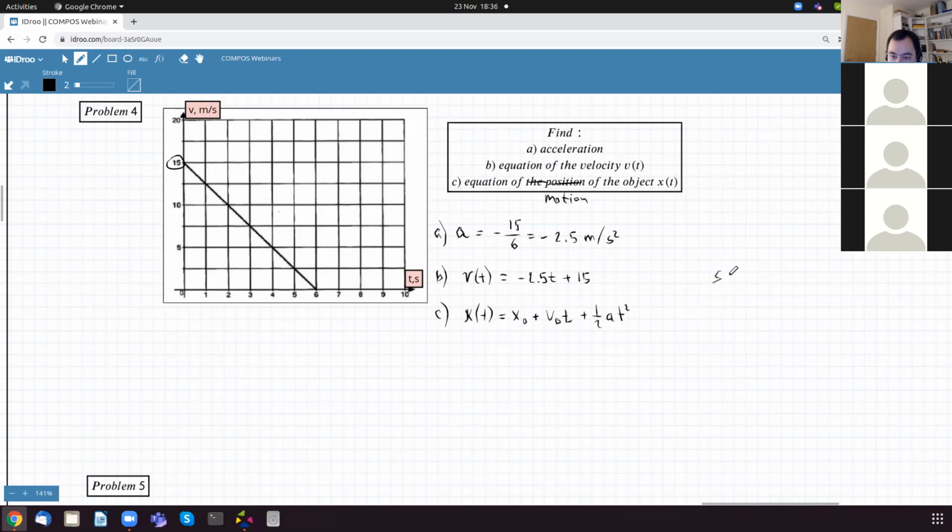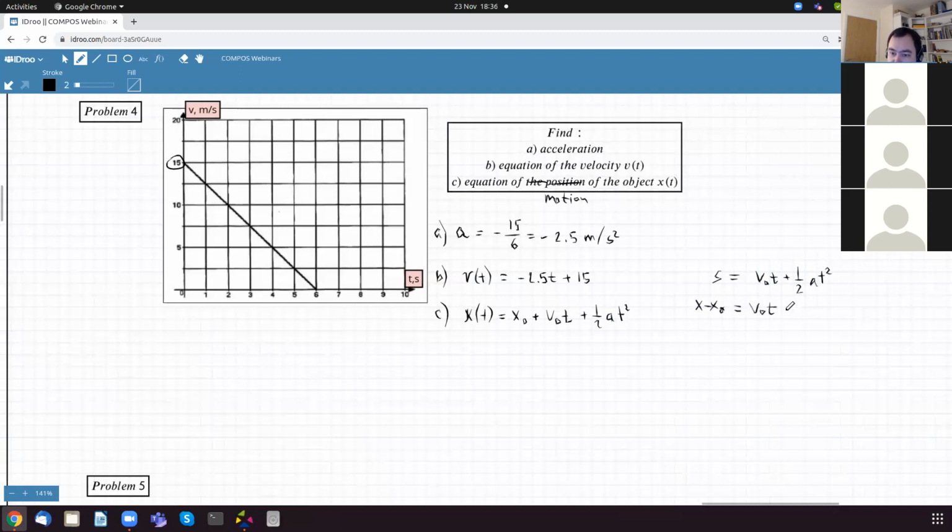If you write s is equal to v0t plus a half at squared, well, s is x minus x0. That's the difference between the current position of the object and the initial position of the object.